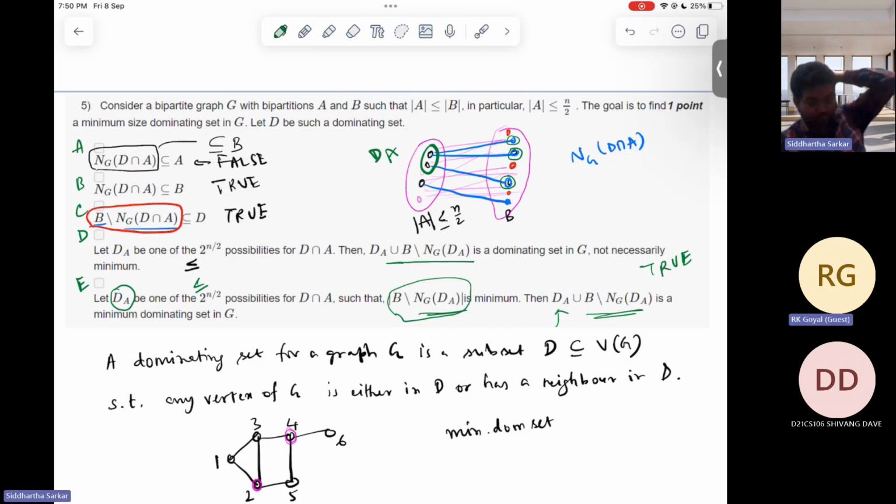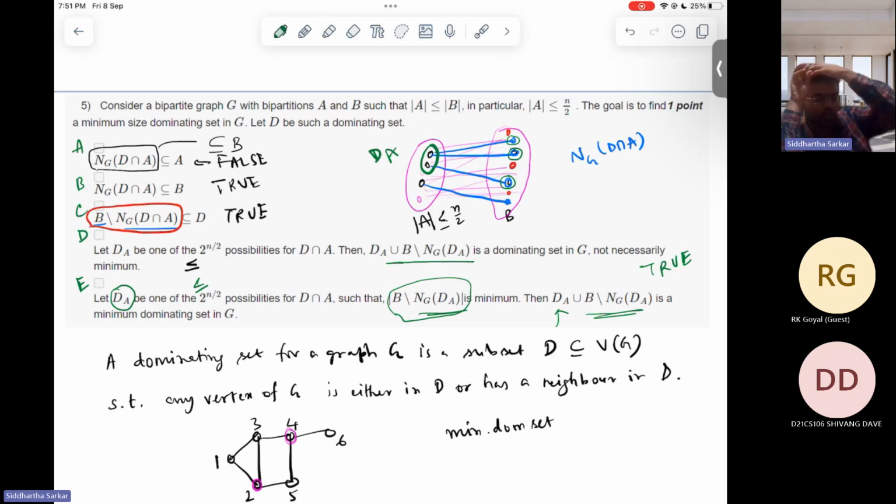So this we have to check. After including all the elements of A, and the cardinality of B is greater than that of A, if we are left with the minimum number of elements, this will result in a minimum dominating set. Okay, let me give it a thought. You're taking that subset of A such that in B, there are not too many elements left to be covered.